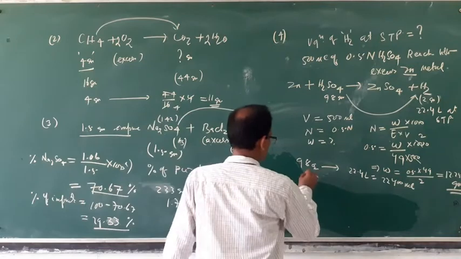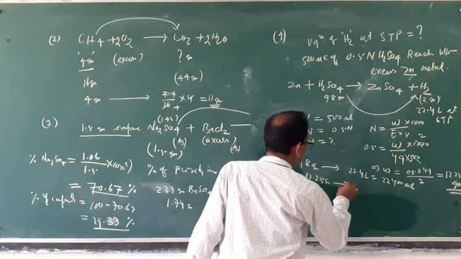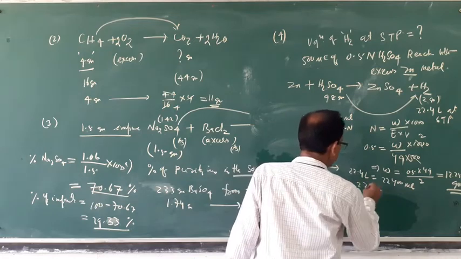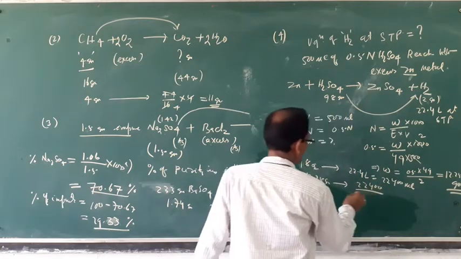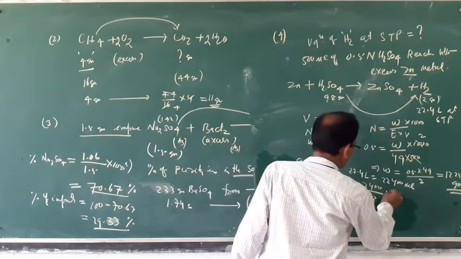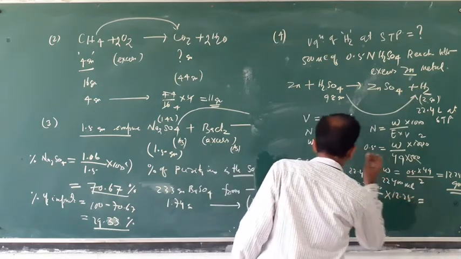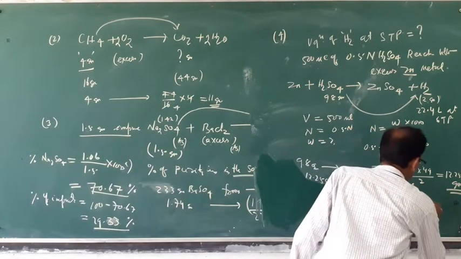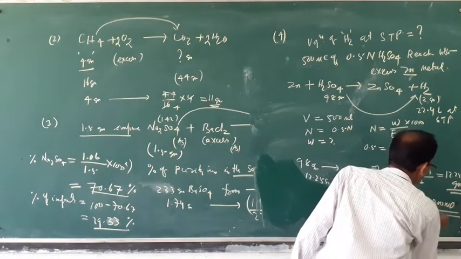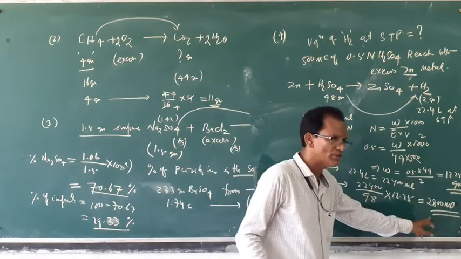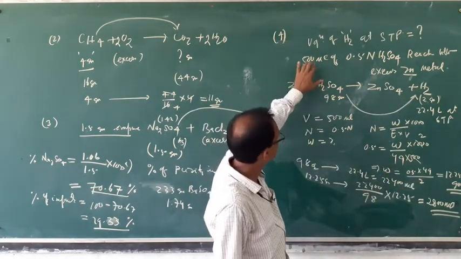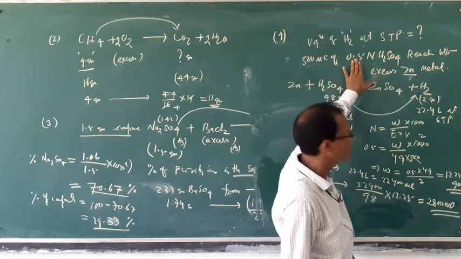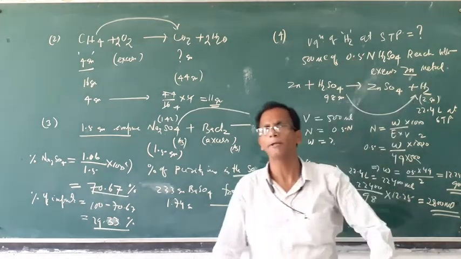So 12.25 gram will be equal to how much? 22,400 upon 98 into 12.25 will be how much? You calculate it fast. The value will be 2800 ml. So this is the volume of hydrogen produced when 500 ml of this concentration of sulfuric acid reacts with excess zinc metal.